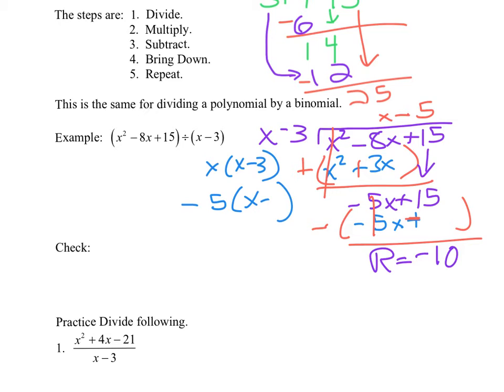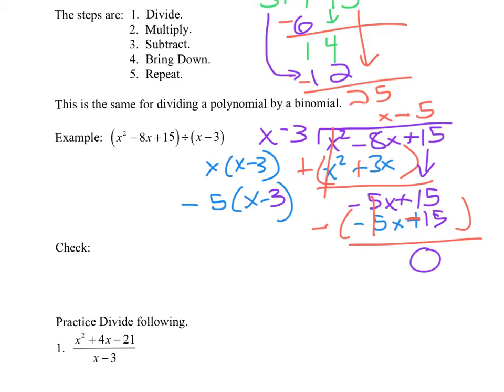This is supposed to be a 3. I apologize if I confused everybody. 3 times 5 is 15, so now I have basically a negative 5, so I have no remainder. Okay, so actually I have a 0 remainder.